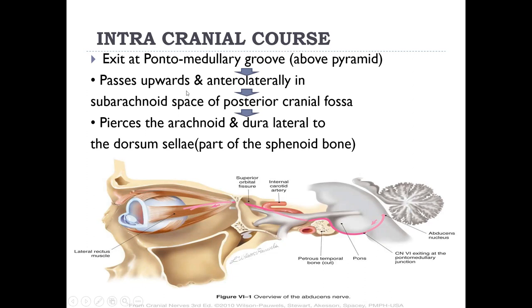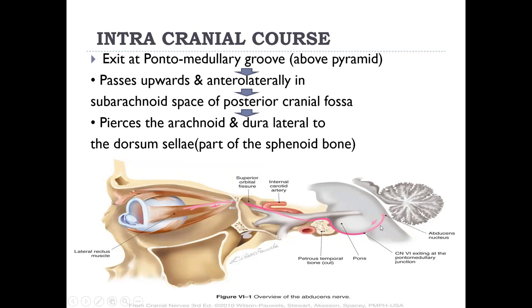Then it passes upwards and anterolaterally in the subarachnoid space of the posterior cranial fossa. Before it goes straight into the cavernous sinus, there is a slight upturn, and then it passes through the cavernous sinus, along with the internal carotid artery.